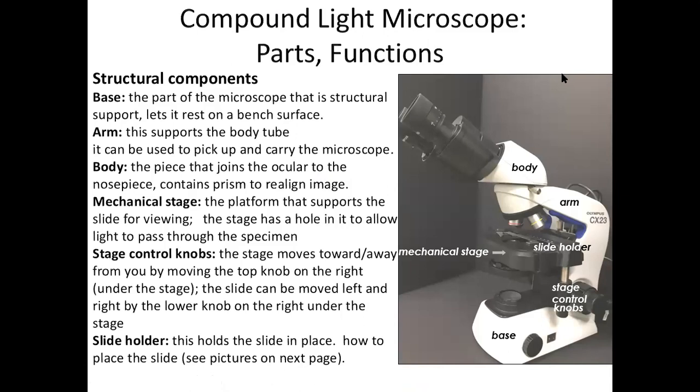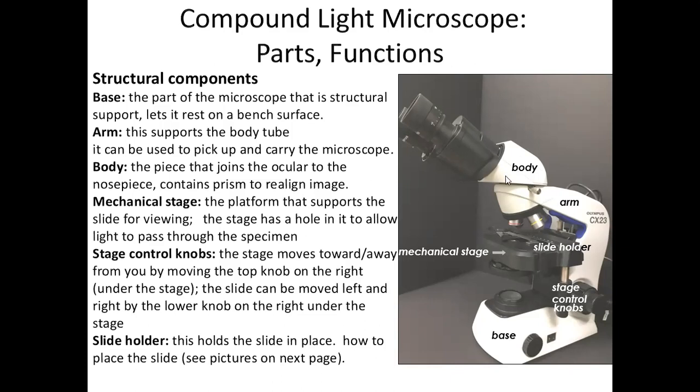And these are compound light microscopes, and I'll explain that a little bit later, but just basic parts, as I talked about. We got the base, which is obvious. This is the support for the whole microscope. And then you've got your arm, which is actually where you would carry the microscope. You'd put your hand around this and carry it, one hand on the arm and one underneath the base.